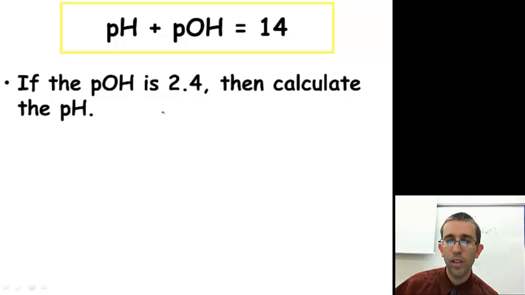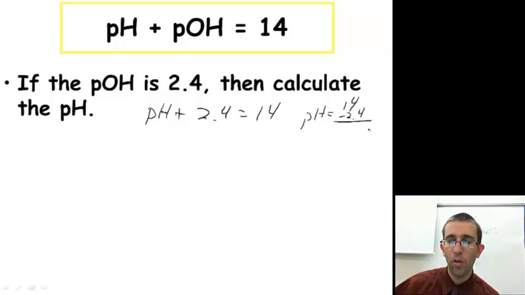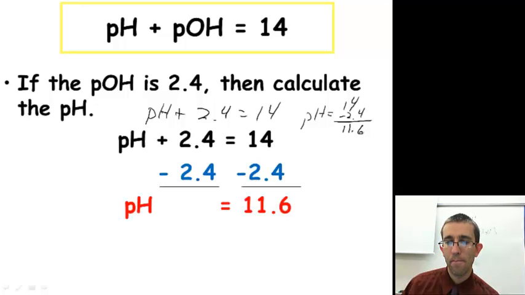Well, simple enough. pH plus 2.4 is equal to 14. So pH is equal to 14 minus 2.4. I just subtract that over to get pH by itself. And when you do this, you should get a lovely answer of 11.6. Boom, there we have it.